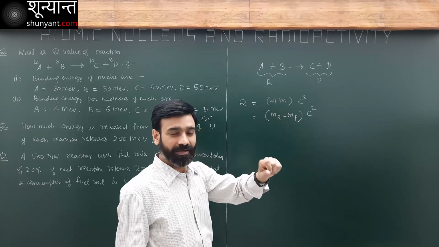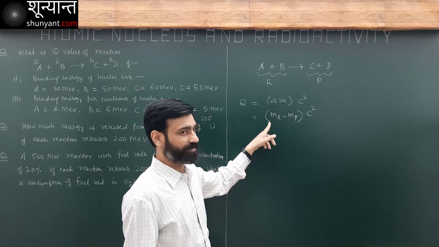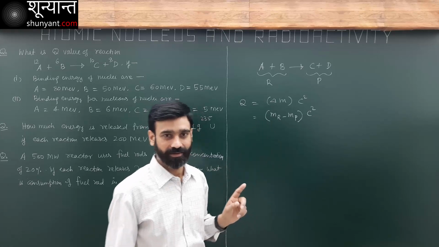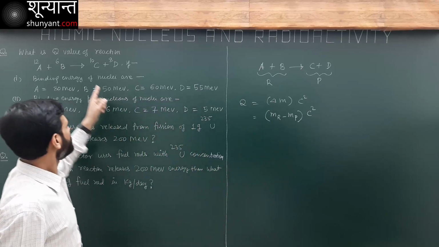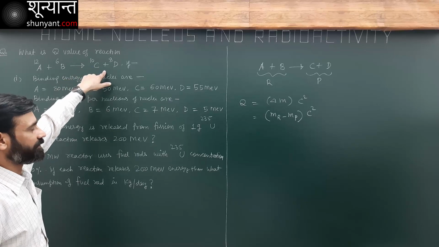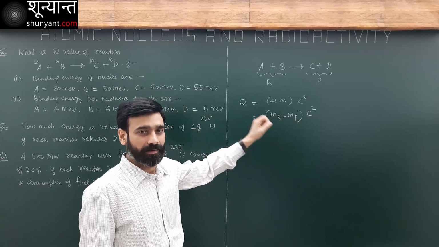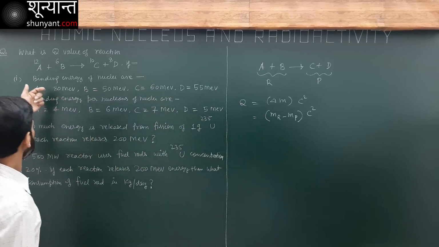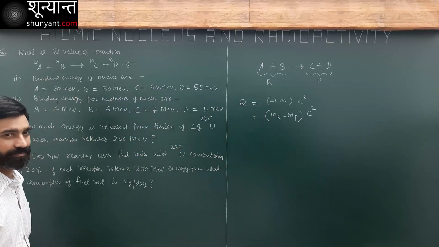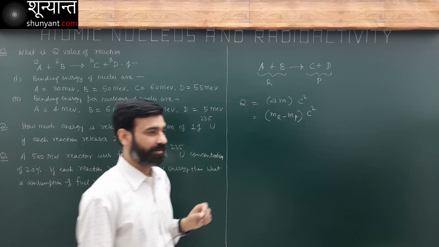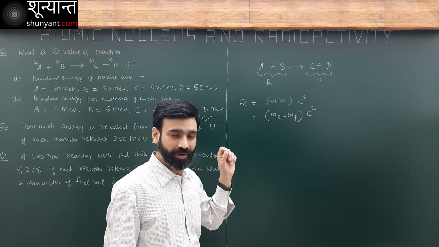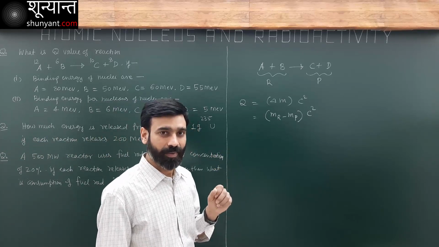We solved many problems based on this concept in the last lecture. Here, I have the same type of problem, but masses are not given. Binding energies are given. Then how do I find Q value in terms of binding energy?